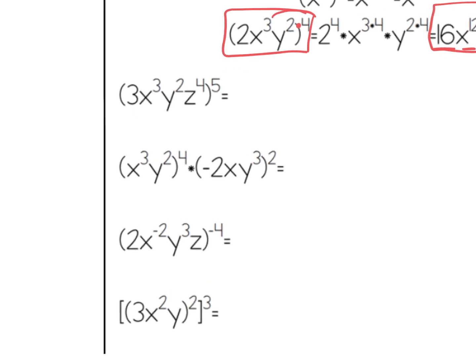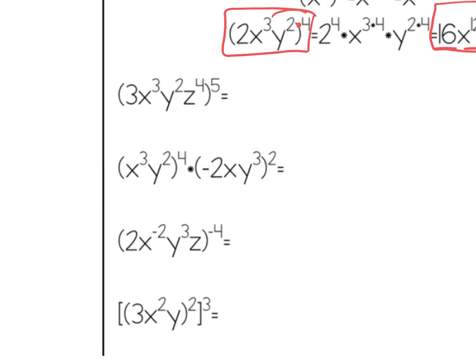Okay. So 3 to the power of 5, the number will be 3 times 3 times 3 times 3 times 3, and I would use the calculator to do 3 to the power of 5.